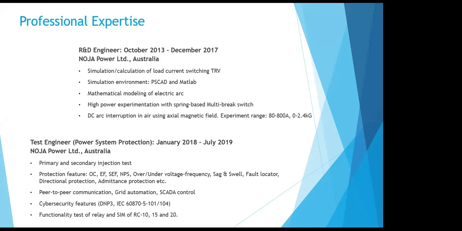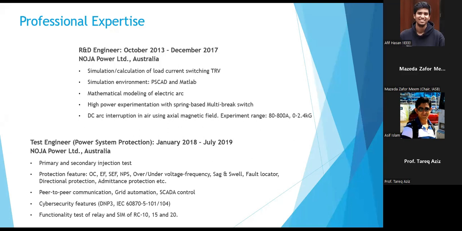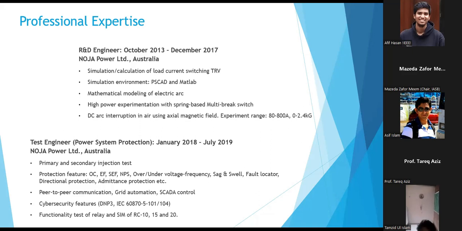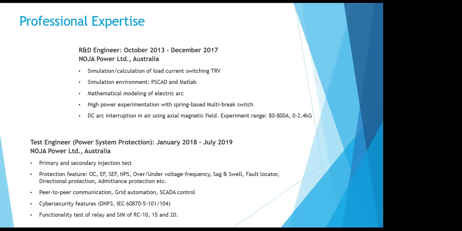The protection algorithms and features available in Noja Power switchgear are traditional overcurrent, arc fault, sensitive arc fault, negative phase sequence, different types of sag and swell, different types of fault locator system, over and under voltage, over and under frequency, admittance protection, directional protection, and so on.